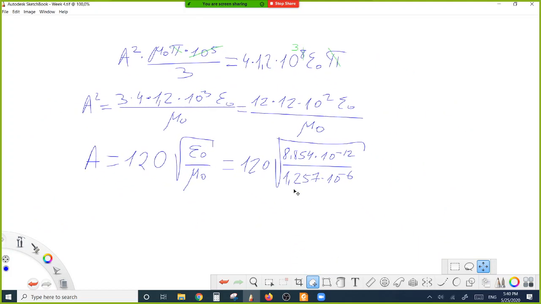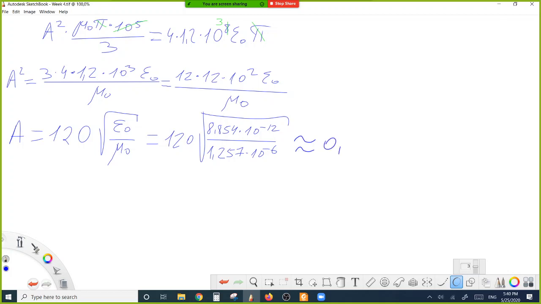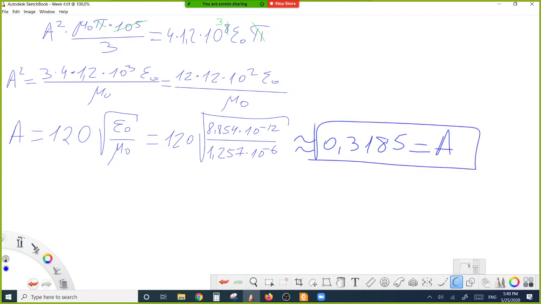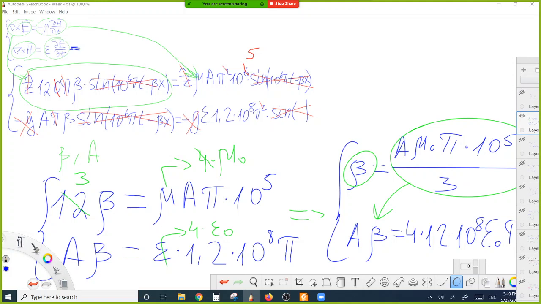If we compute, we will have something about 0.3185. The value of a is 0.3185.